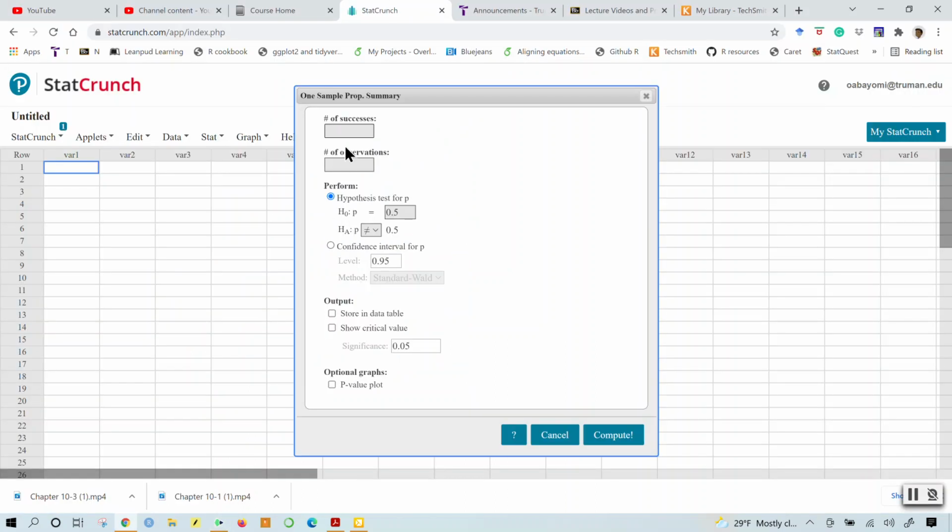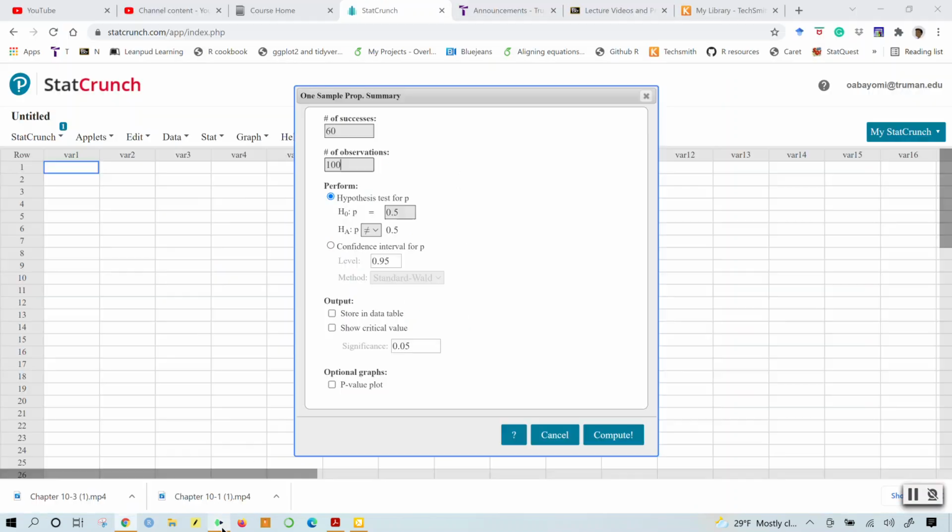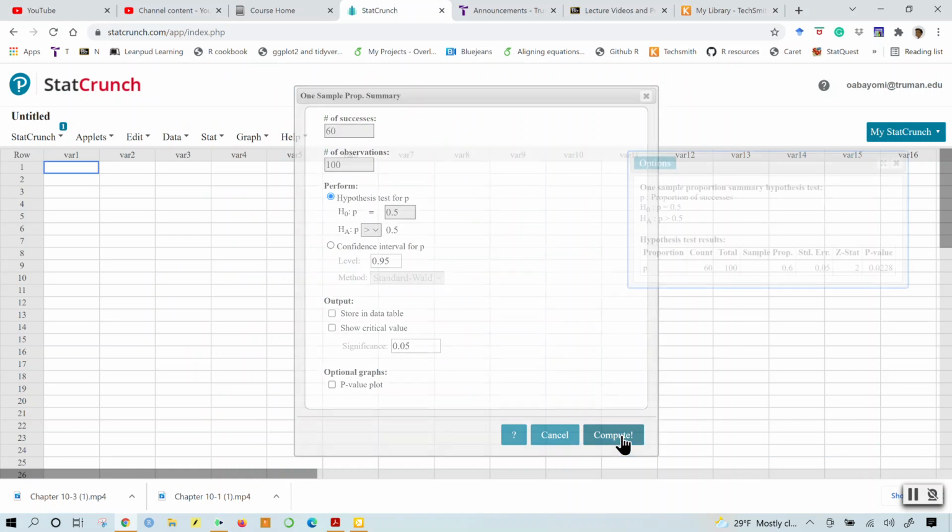So I will put the 60 out of 100, and I will indicate that I want to perform a hypothesis test. By default, it goes to p equals 0.5, which matches exactly what I have in my null hypothesis, but my alternative should be strictly greater. So I'll go back and change this inequality to greater. I want greater than 0.5, and compute.